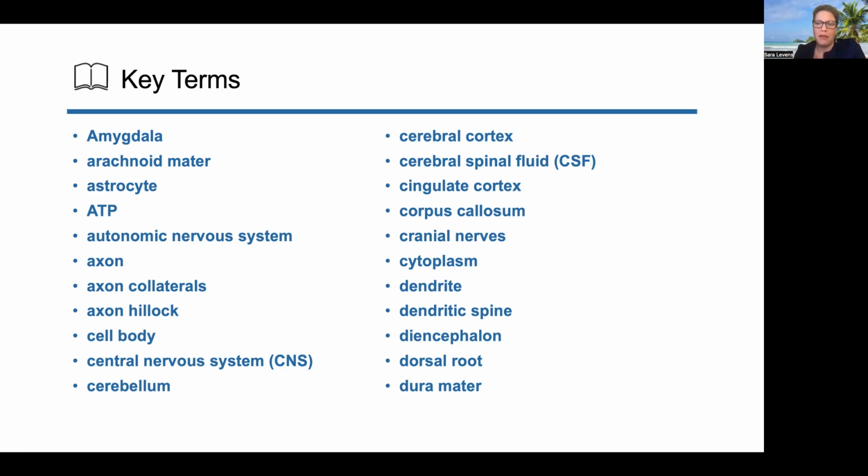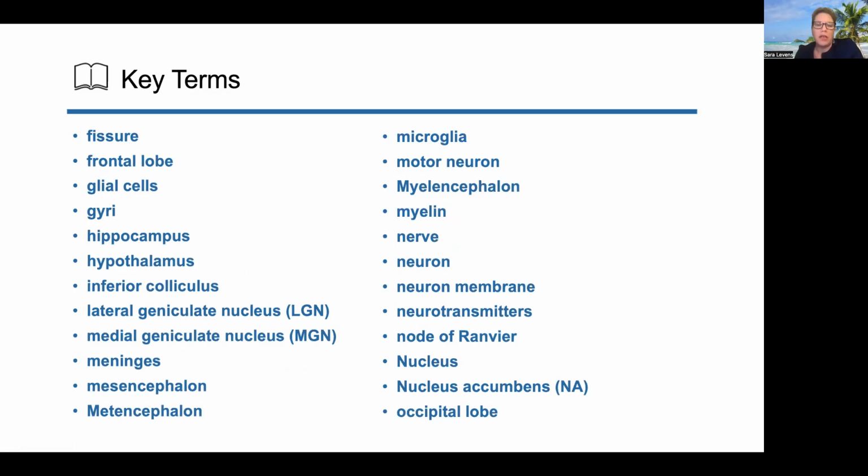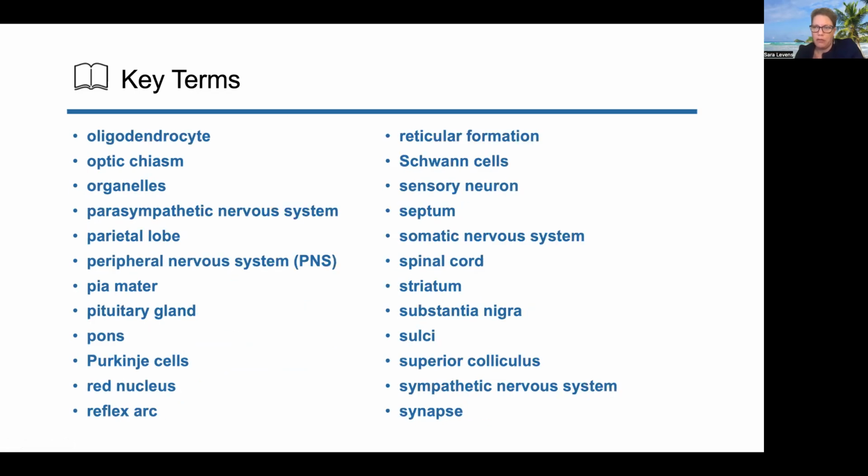So you will need to navigate through that yourself in terms of your studying. But the key terms will give you an idea of how the content is focused a little bit more for the exam. And generally things that are not on this list at all are really not going to be covered.